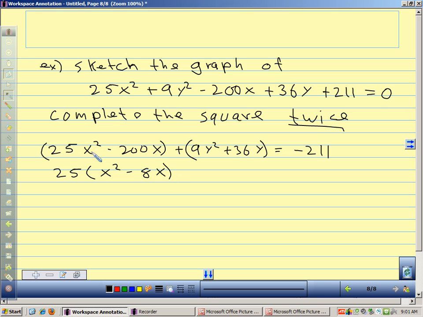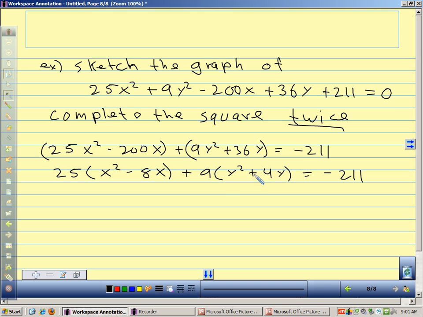So I just factored the 25 out of this first parentheses. I want this 9, I want a 1 in front of the y squared. So I'm going to factor out that 9. So now I have the x squared by itself and the y squared by itself. I'm going to complete the square on this first parentheses and complete the square on this second parentheses.